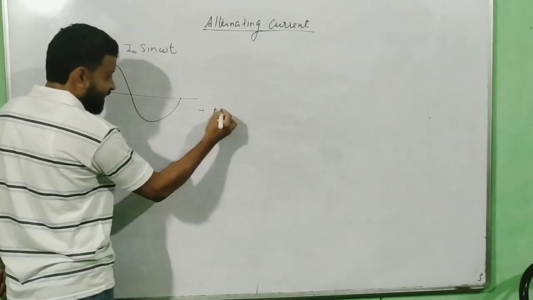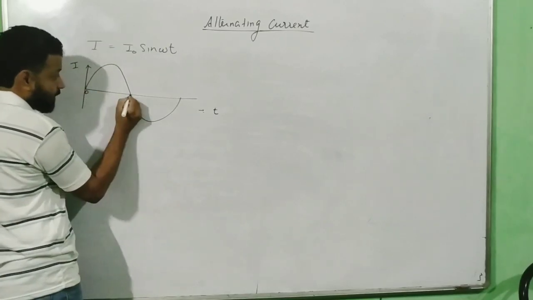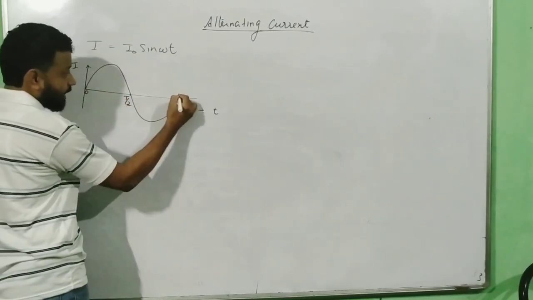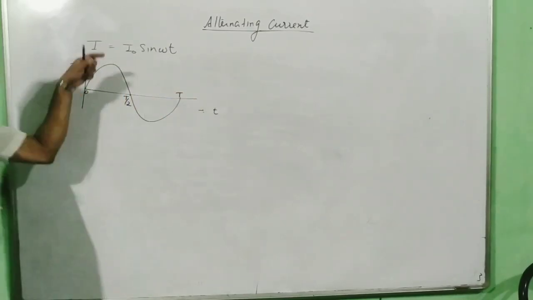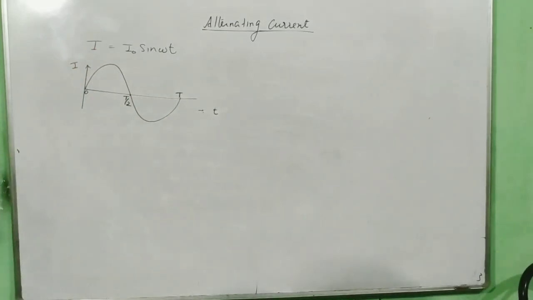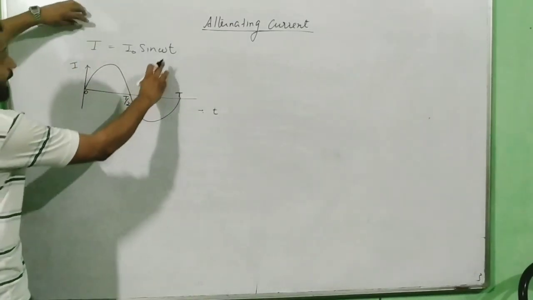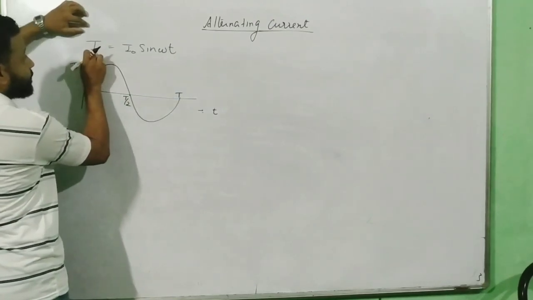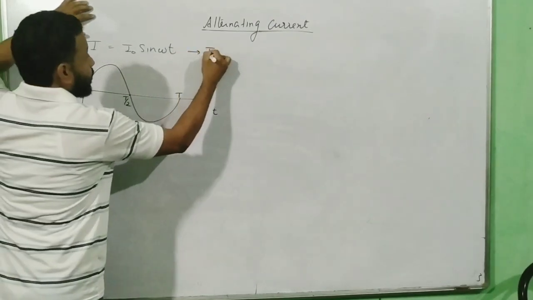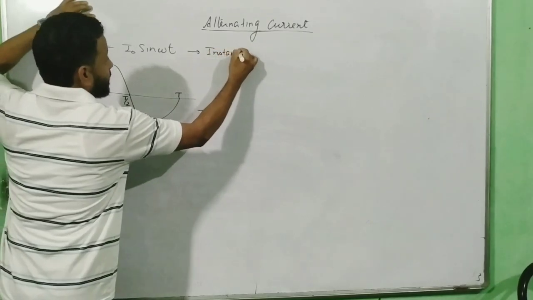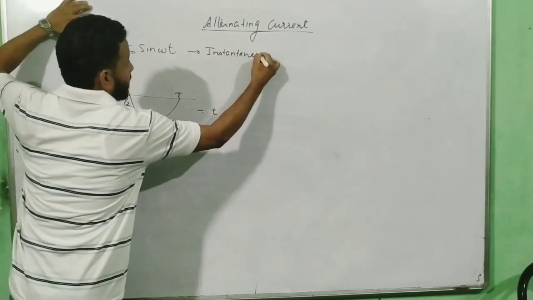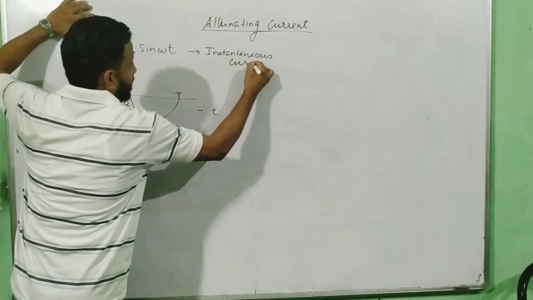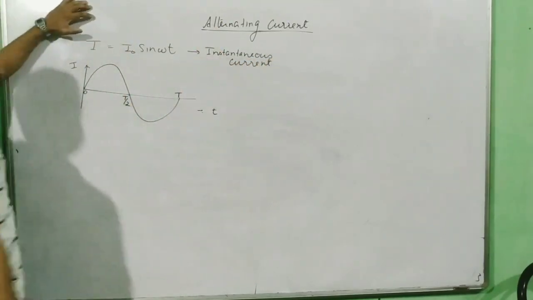If I write t, then this will be 0, this will be T by 2, and this will be T. We call that one full cycle. At any time t, whatever current you calculate from this equation is called instantaneous current, that means current at that instant.